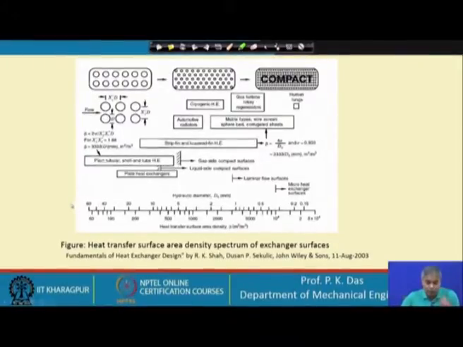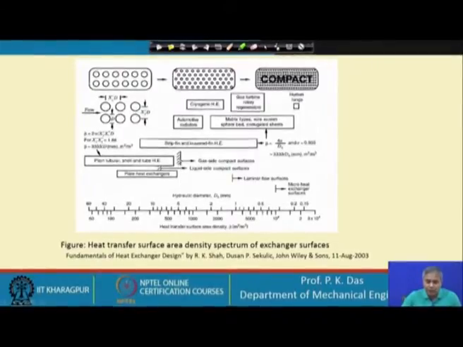So, as I have told, the plain tubular shell and tube heat exchanger is most commonly used in a large variety of industries, and it is one of the oldest types of industrial heat exchanger to be invented by human beings. So, that has very little compactness.